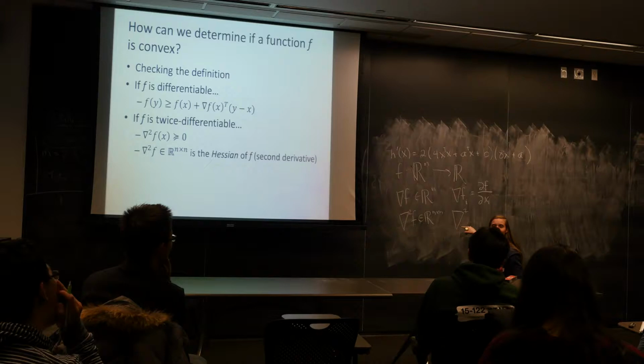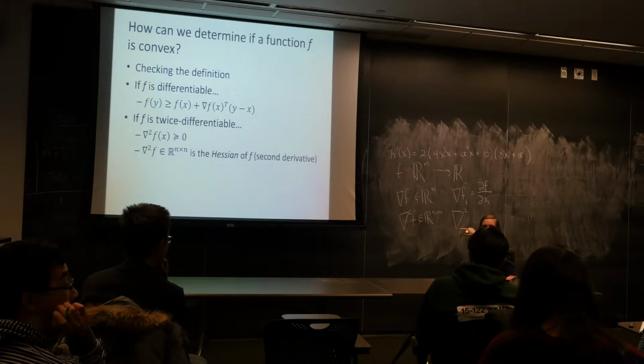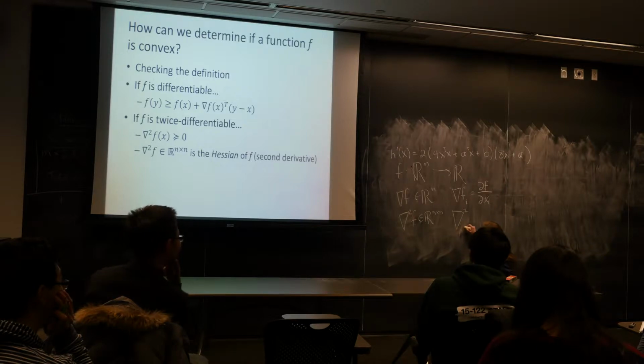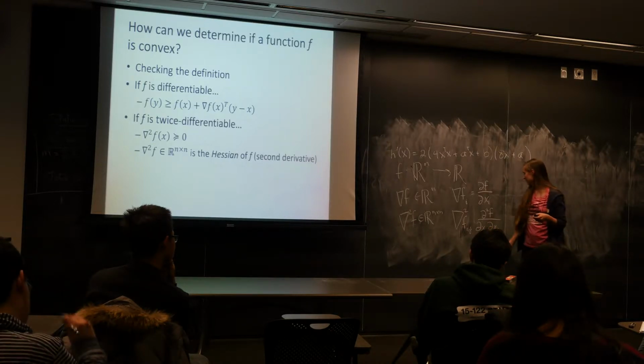Can everyone see when I write down this low? Okay, mostly nods. No one said no. So the ijth entry of your Hessian is going to be the second partial derivative of f, first with respect to the ith element of x, and then with respect to the jth element of x.